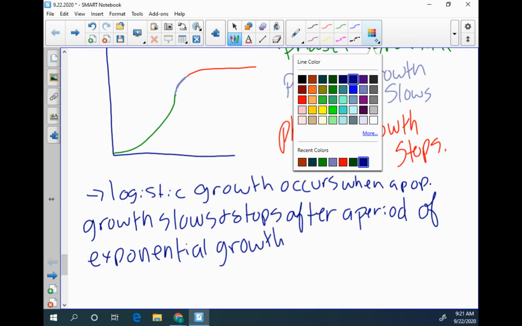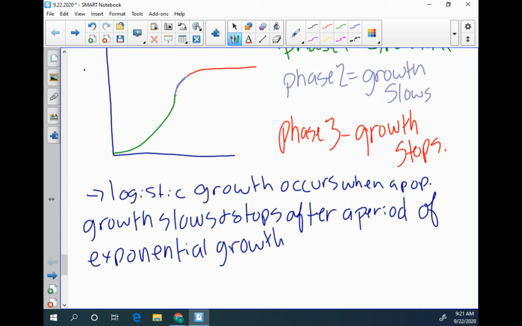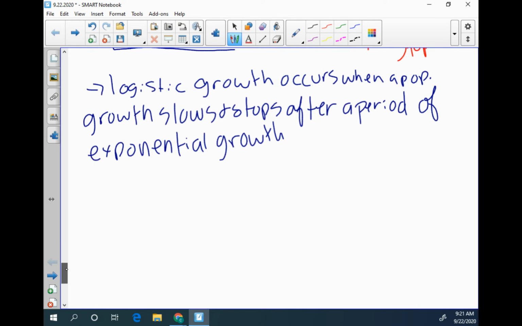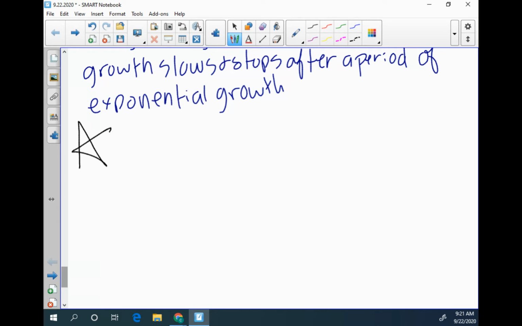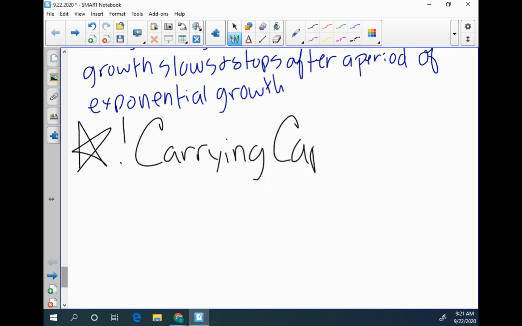This last definition, I want you to make stand out in your notes. Put a star by it, put fireworks by it, highlight it. We are going to talk about carrying capacity.